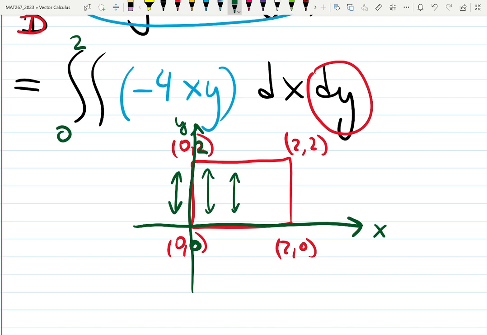The ones inside are functions. Let's see what x is doing. X is running from a function called x equals 0. That's a vertical line. And until the function x equals 2. That's another vertical line. Because it's a square, both end up to be numbers, 0 and 2. But actually, those are walls.